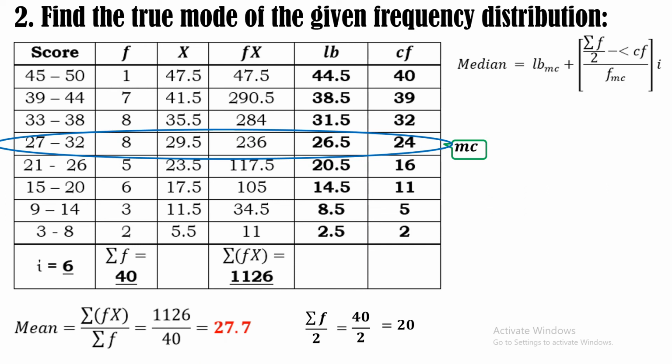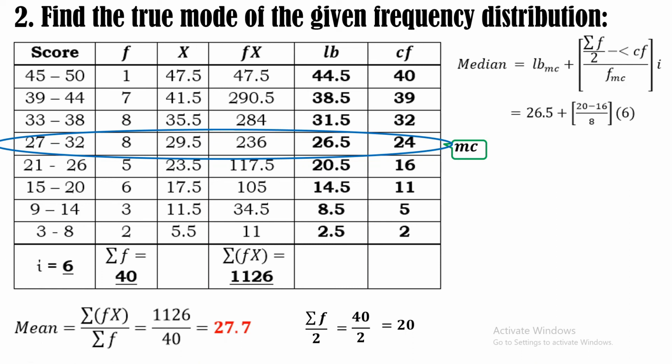By substitution, the lower boundary of the median class is 26.5. Summation of f over 2, that is 20, minus less than CF, it's the number under the CF column below the CF value of the median class. So it's 16. All over the frequency of the median class, it's 8, times the class size, which is 6.